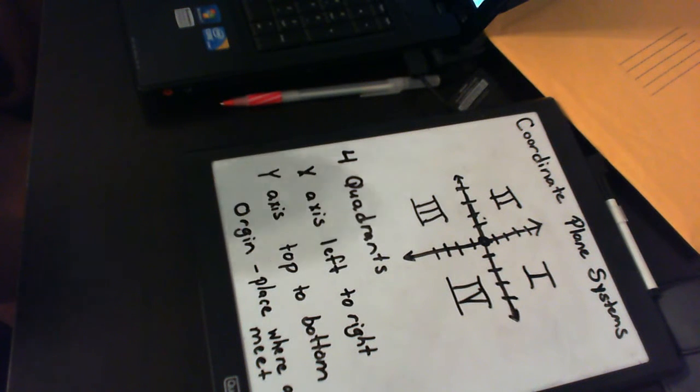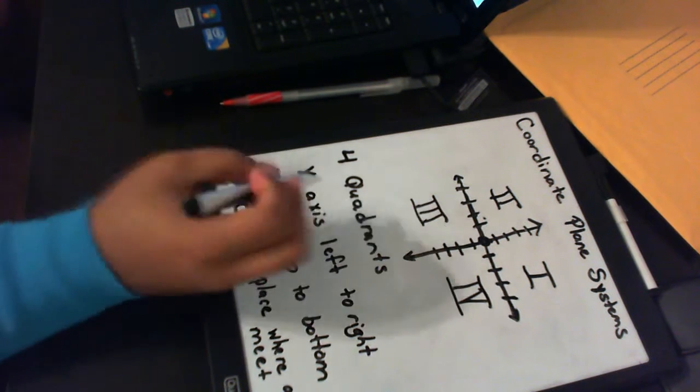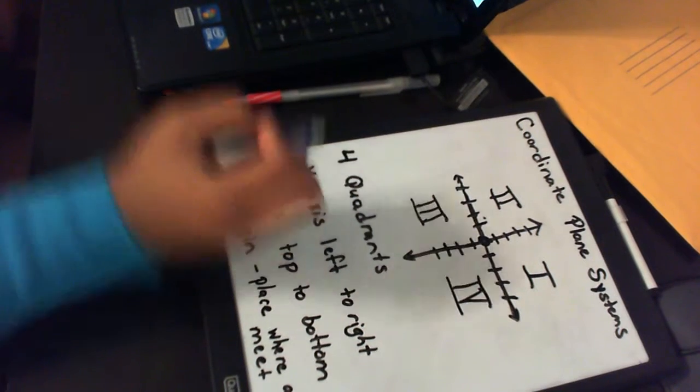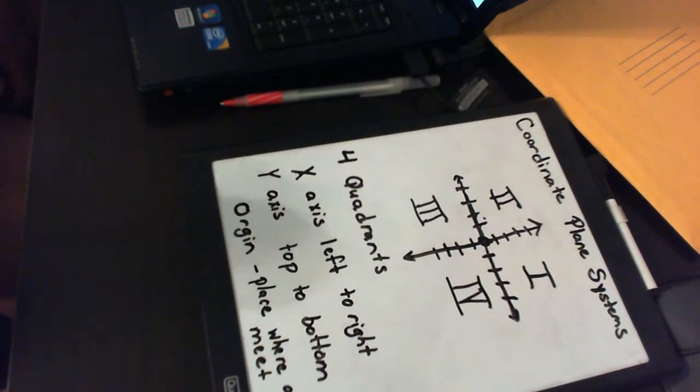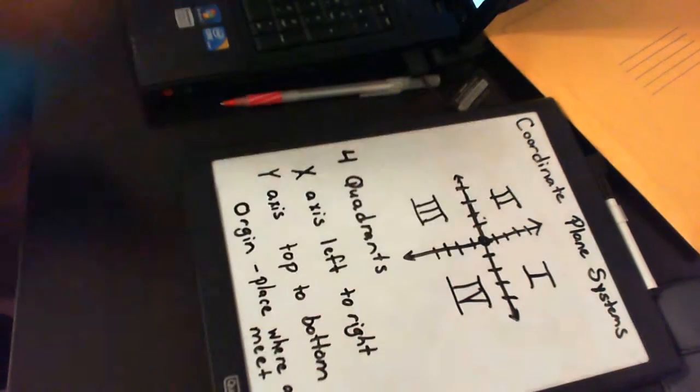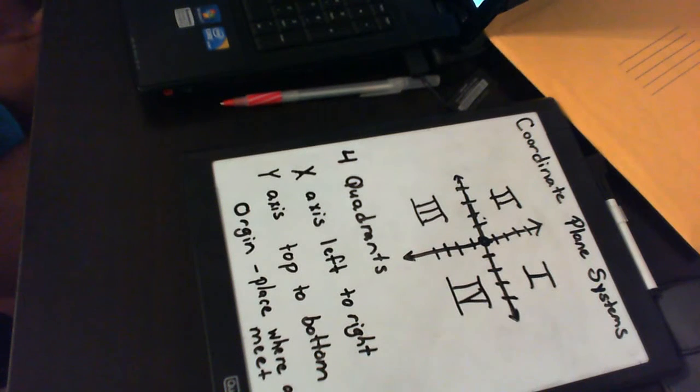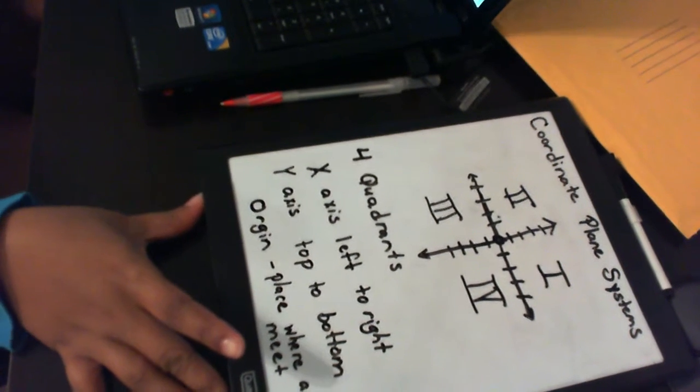Make sure that you know that the x-axis goes from left to right, and the y-axis runs from top to bottom. And then the point where the 2 lines meet is the origin. And those lines are perpendicular there, but we will not focus on that this lesson.